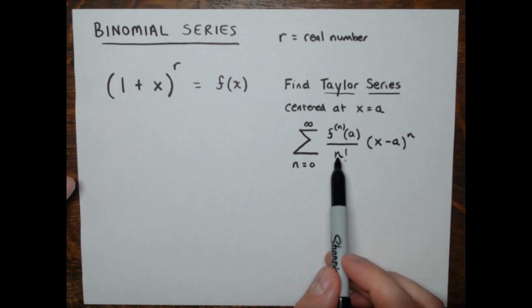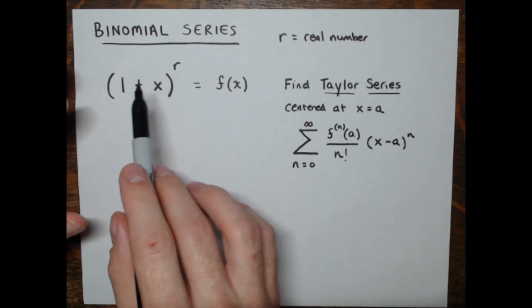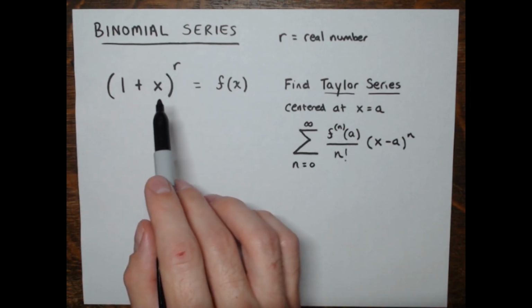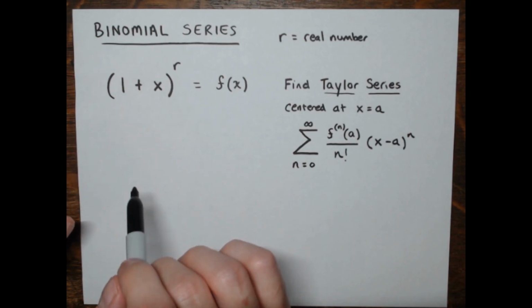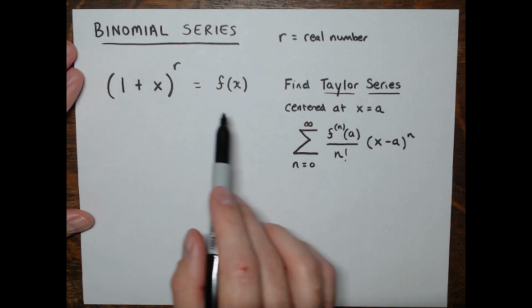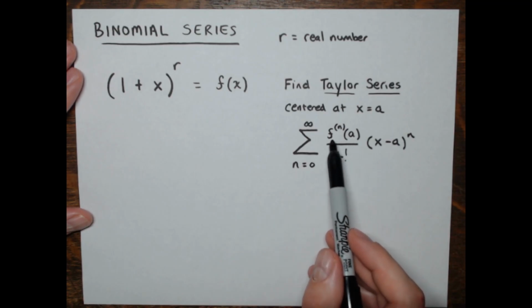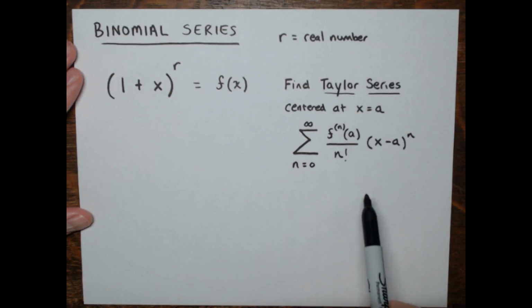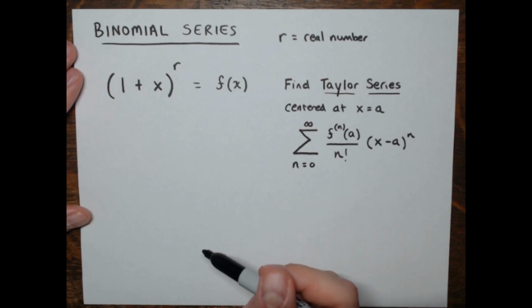So I'm going to start going through here. Let's look at this series here in general, 1 plus x to the r. And I'm going to start taking derivatives and we'll evaluate them at a and hopefully see some sort of pattern here.